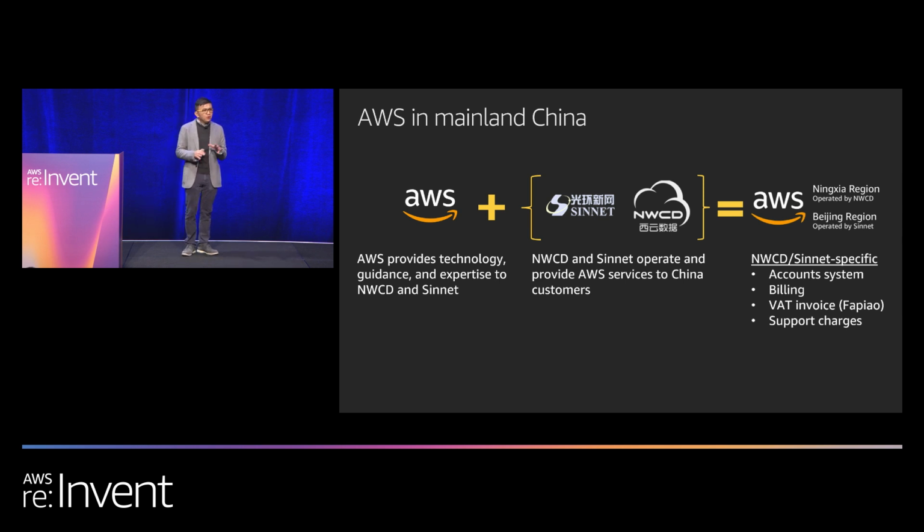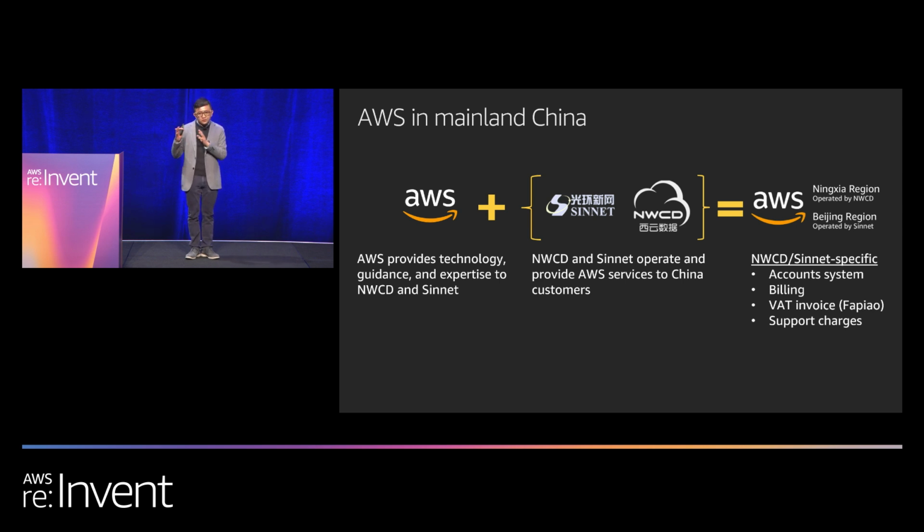So the model, how it works, is we provide the technologies and they become what we call our SOR, seller of record, within China. You will get a very consistent user interface that you are familiar with. The user console looks exactly the same as your international one, but it is separated from the international regions.